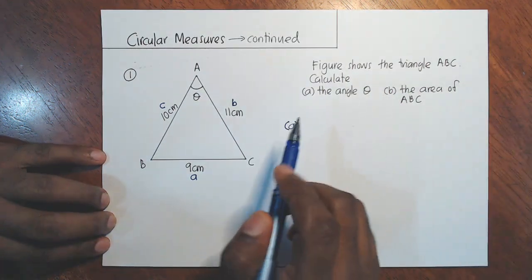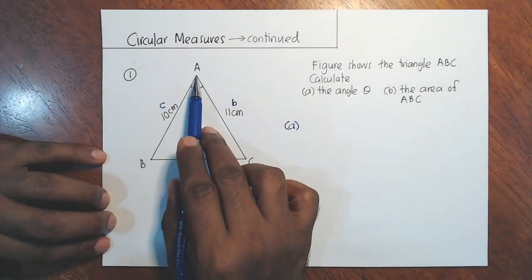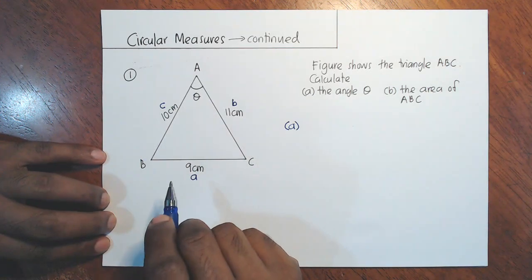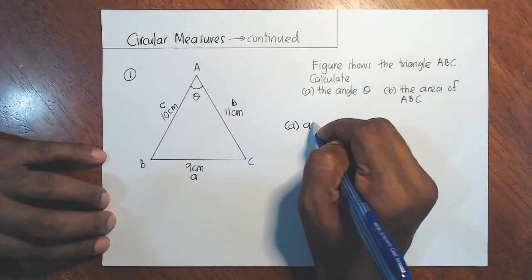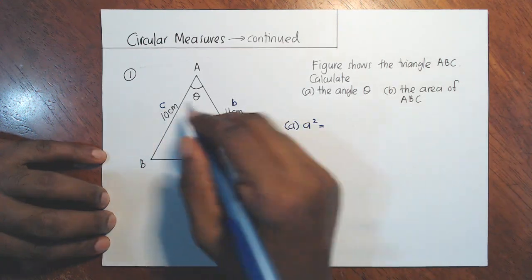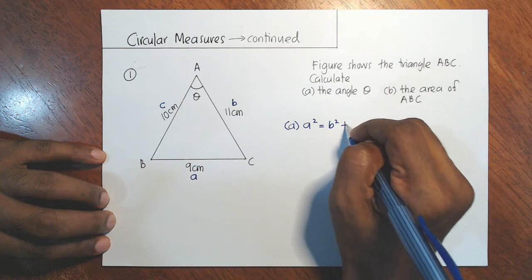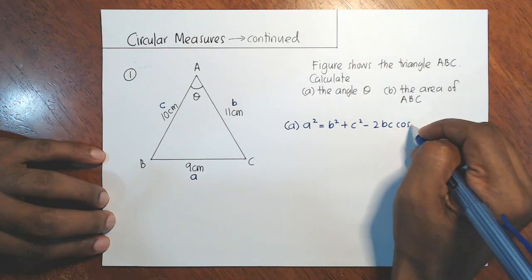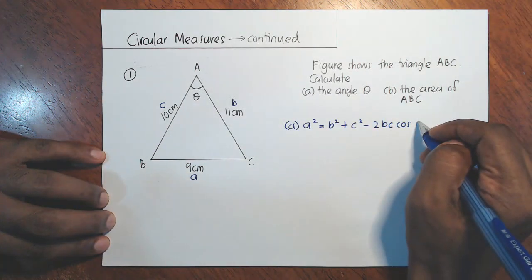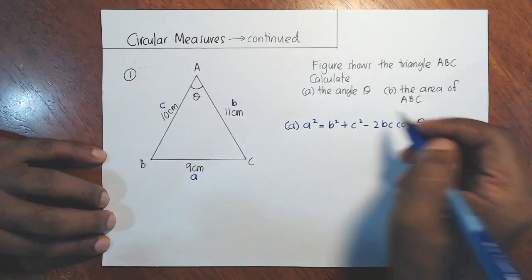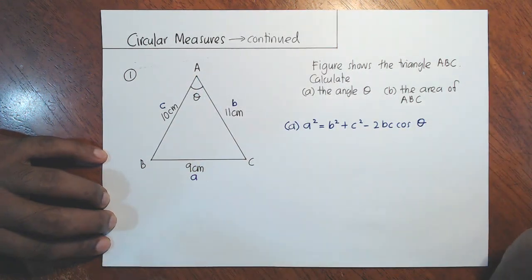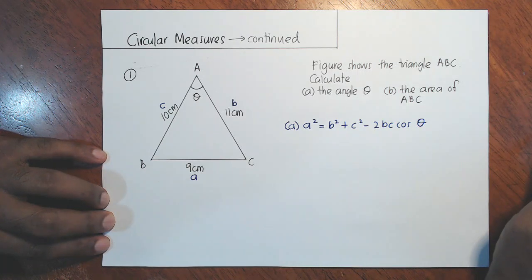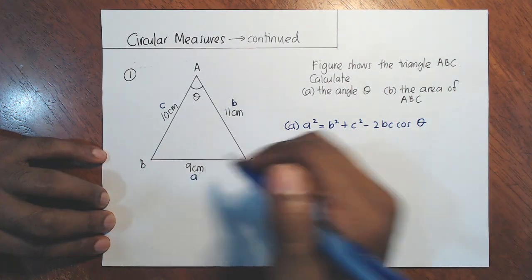Since we want to calculate the angle which is near A, the formula will start with a square, where a square equals the other two, b square plus c square minus 2bc cos the angle there, which is theta. Usually we can also write capital A there. If you are wondering where this formula came from, then clearly you have to revise the chapter solutions of triangles.